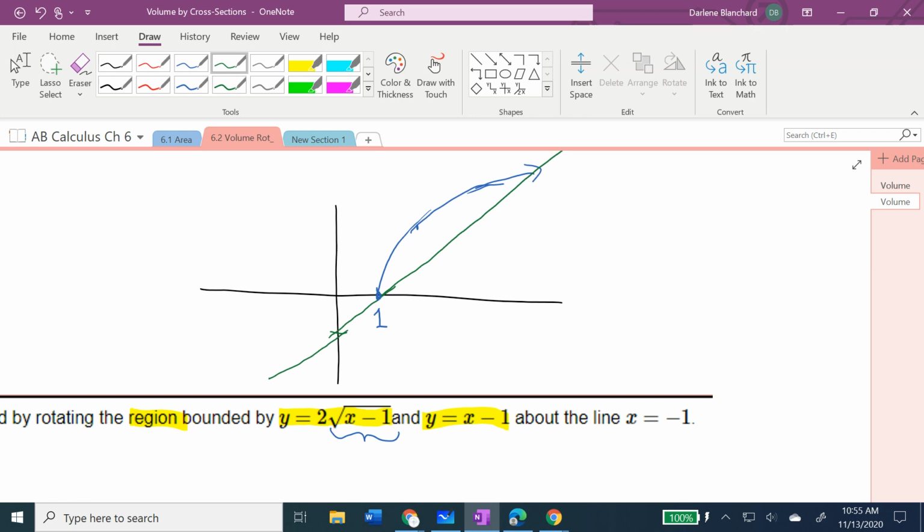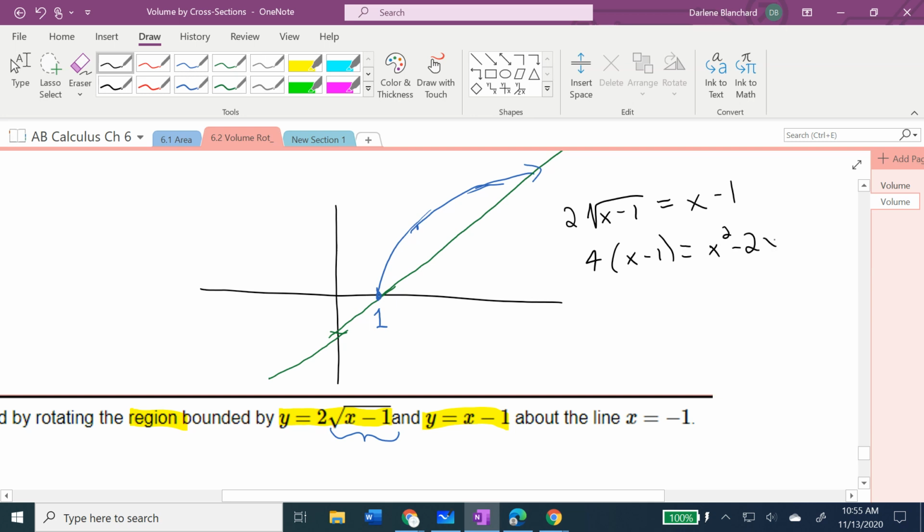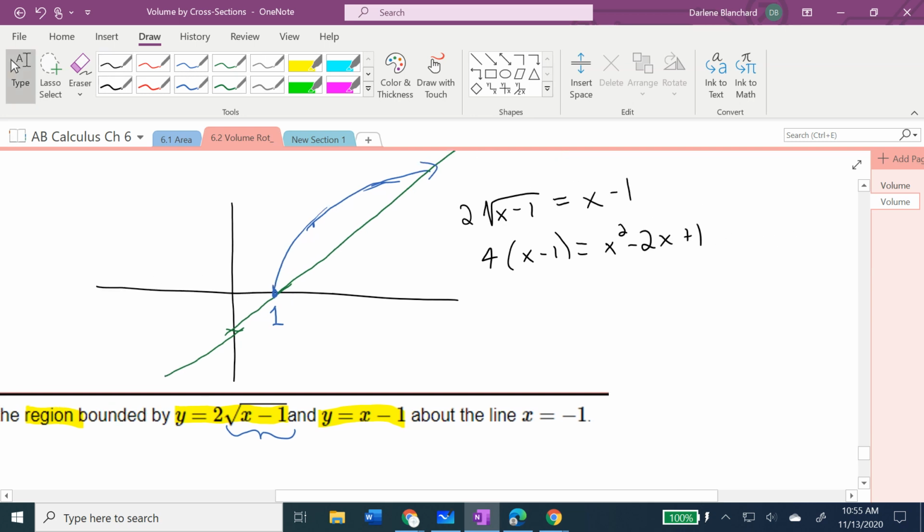I need to find the intersection points. So I'm going to set them equal. And I'm going to square both sides. Have some fun. Distribution property. Whoops. Set one side equal to 0.